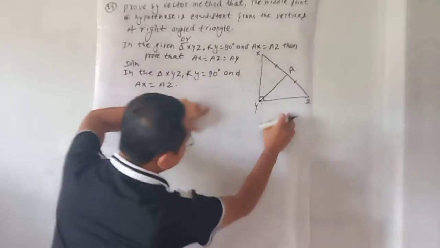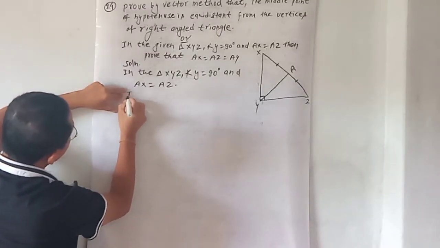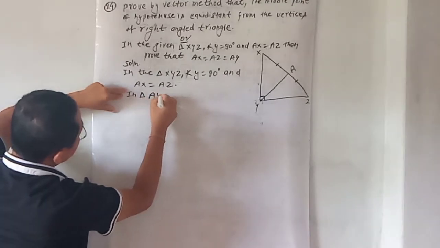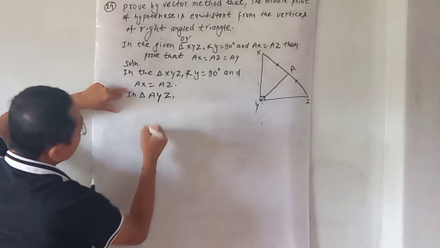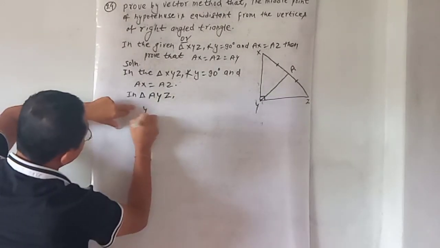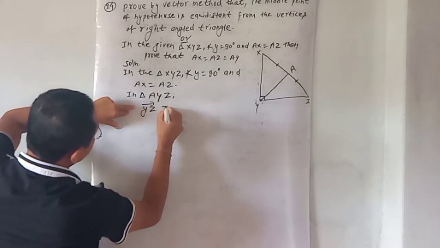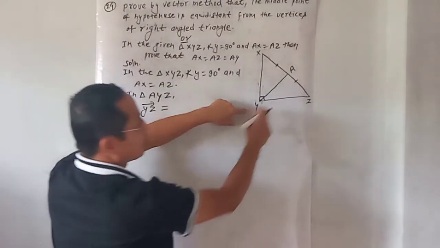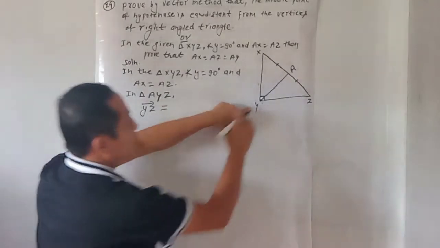Now in triangle AYZ, vector YZ is equal to, look here, the triangular law of vector addition we have studied.